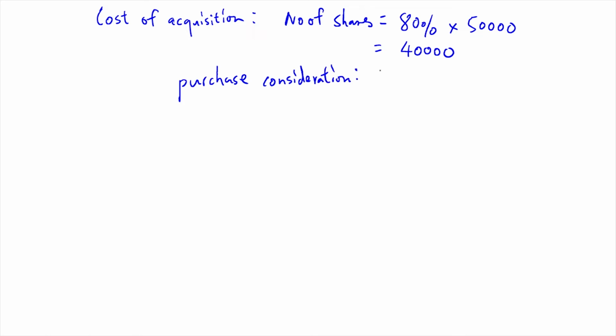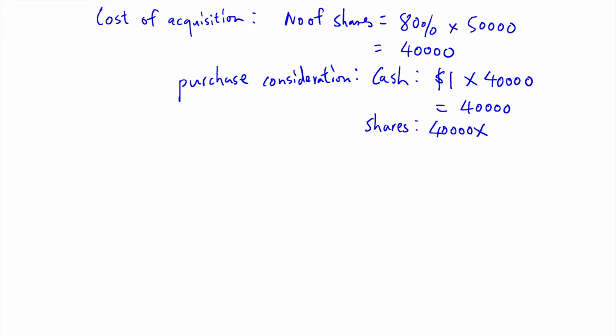So for the purchase consideration, we have the cash component. The cash component is $1, and you want to buy 40,000 shares in total, which gives you $40,000. After that, you also have the shares component. For the shares component, you are offering 1 of your own shares for 1 of their shares. So right here, you have 40,000 shares that you want to buy in total, and the share price of your own at the acquisition date is $2.86.